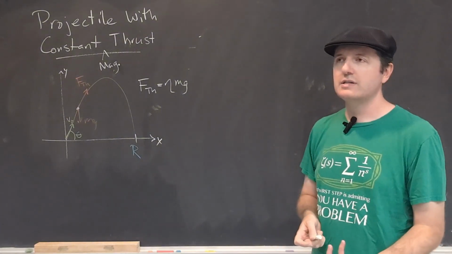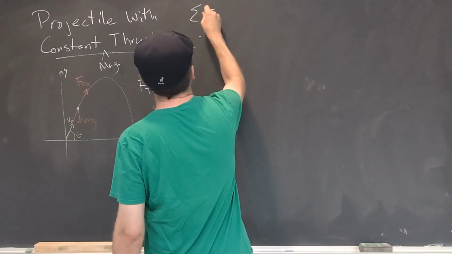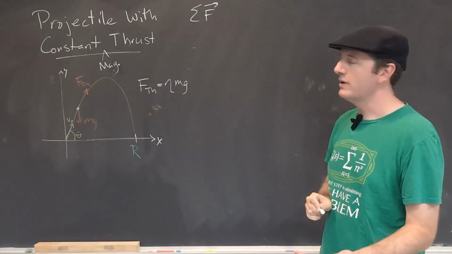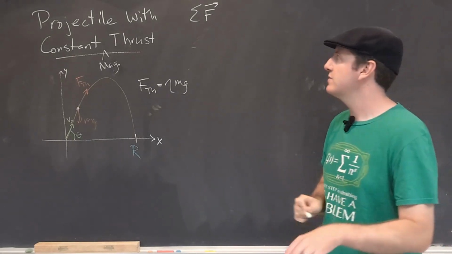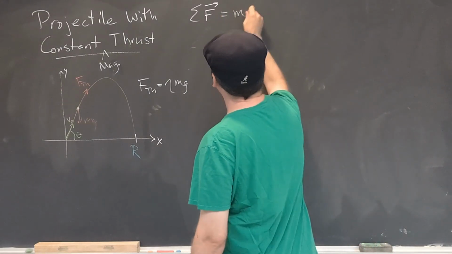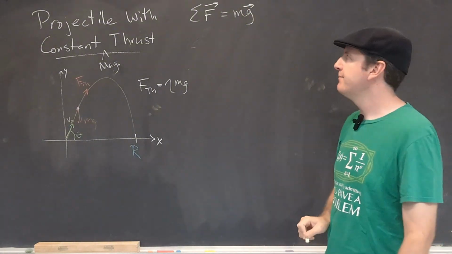So the way we're going to start this is, as usual, writing down Newton's laws. Now I'm not going to separate this into x and y components, at least not yet, because I want to write this in terms of vectors. There are two vectors involved. We have the gravitational field vector, which is in the negative y direction.